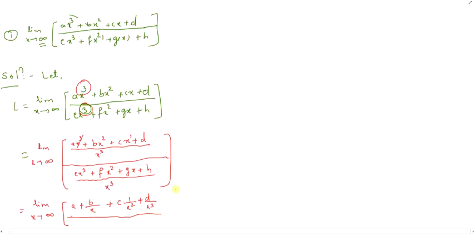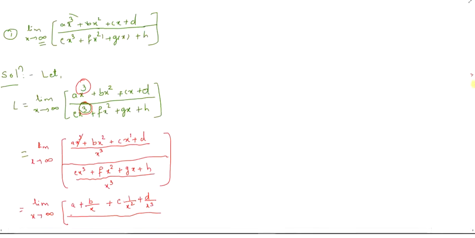Now in the denominator, we again divide by x cube, then e plus f into 1 by x plus g into 1 by x square plus h by x cube.